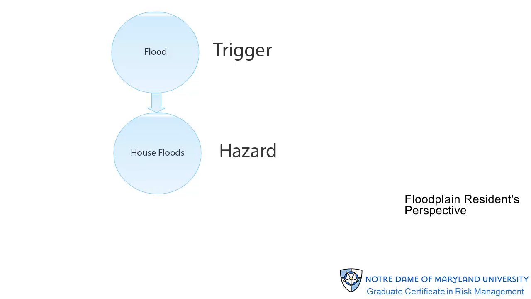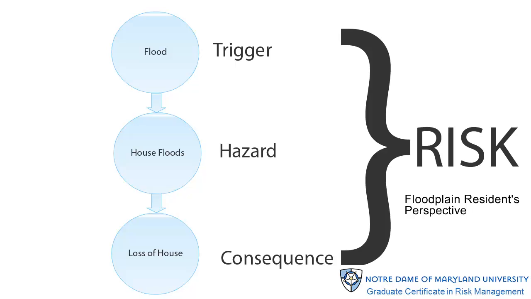The floodplain resident whose life is not at risk has yet another perspective. The trigger is the flood, the hazard would be floodwaters inundating his house, and the consequence would be the loss of the house to live in. All of these components together, as well as the details of the story of how the flood causes the loss of the use of the house, comprise the risk.